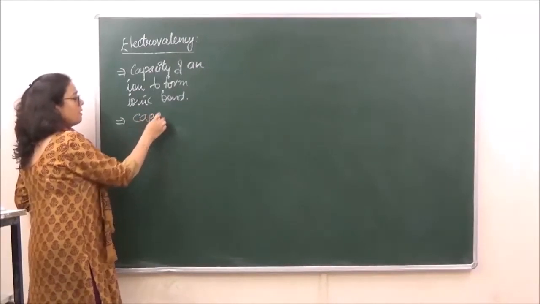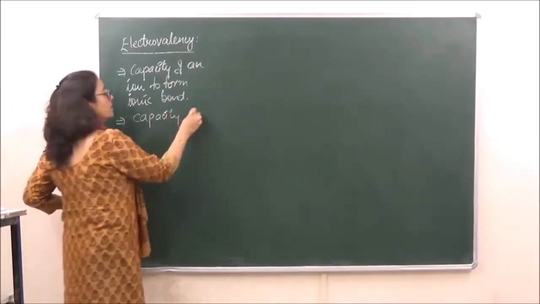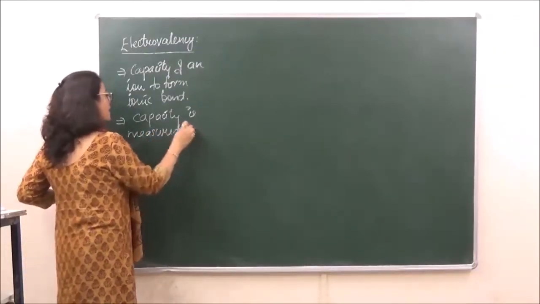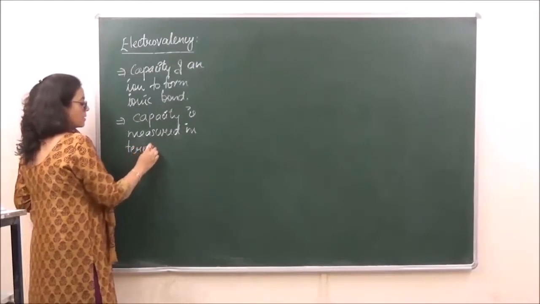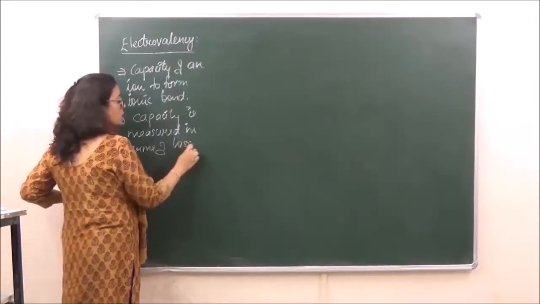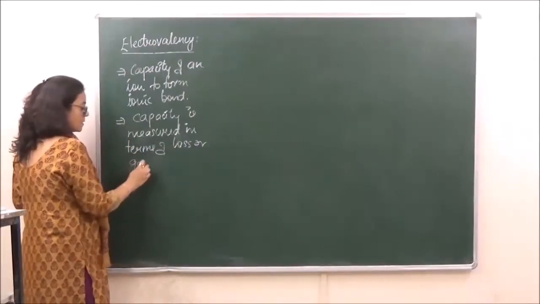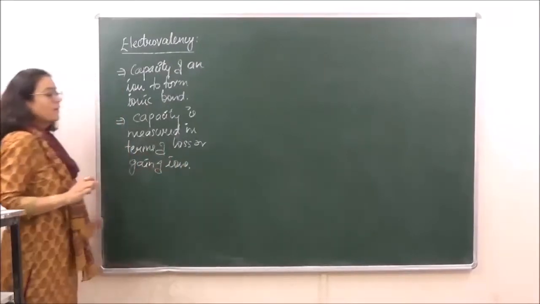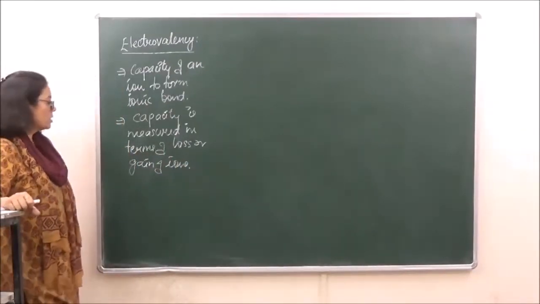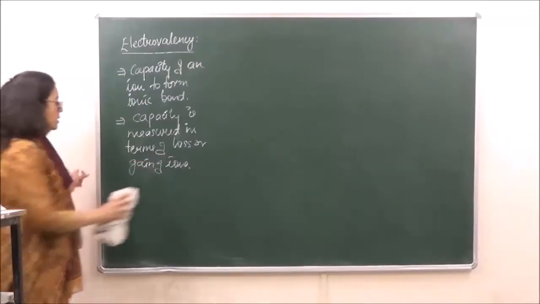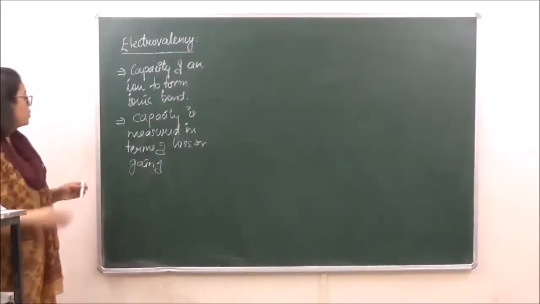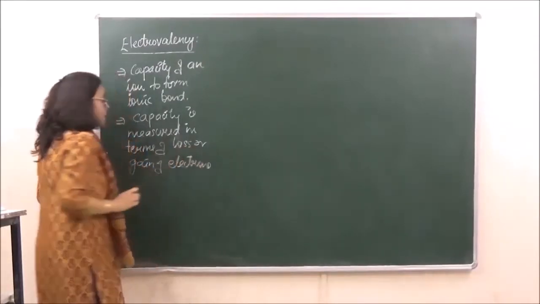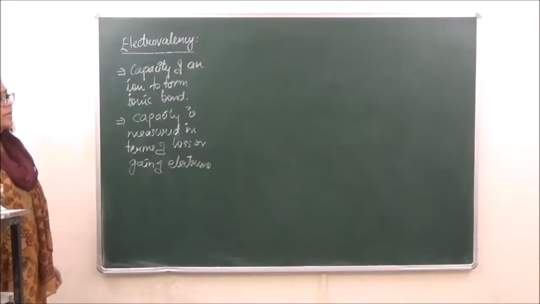This capacity is measured in terms of loss or gain of electrons, which means how many electrons are lost or how many electrons are gained. That is going to measure the electrovalency.